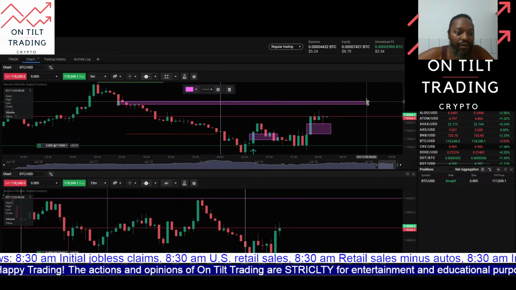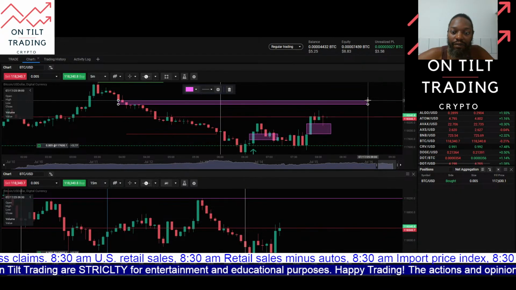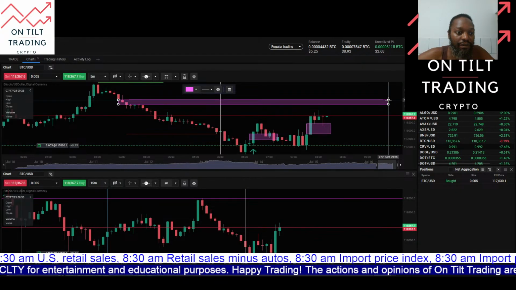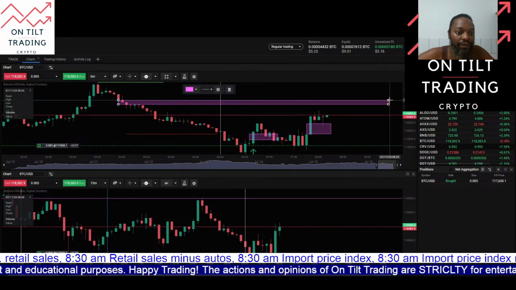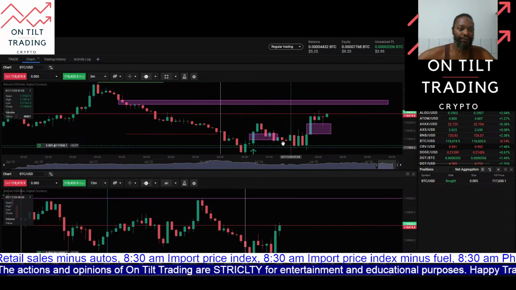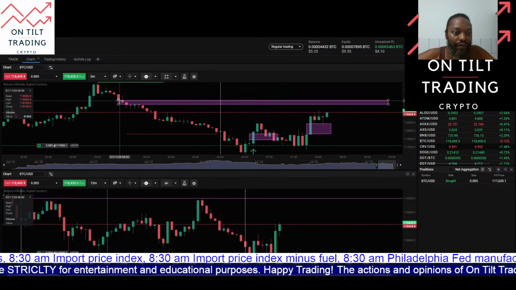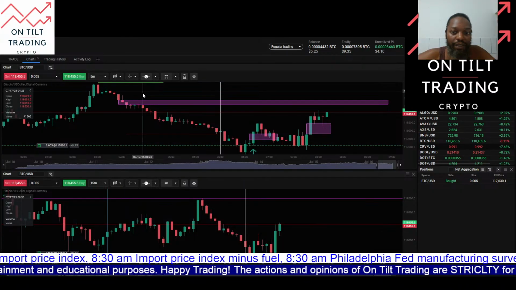And now just extending this fair value gap out here. We'll see if price can reach up into it, and if there's a rebalance opportunity here.